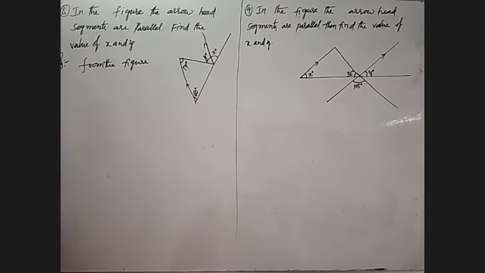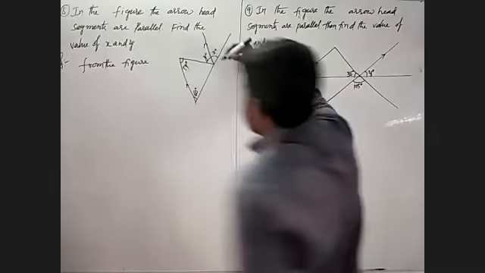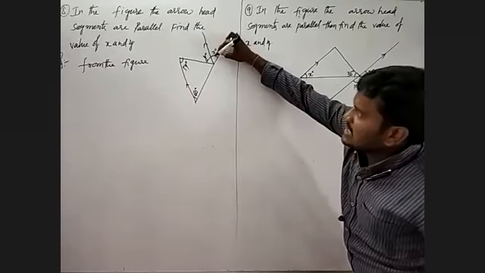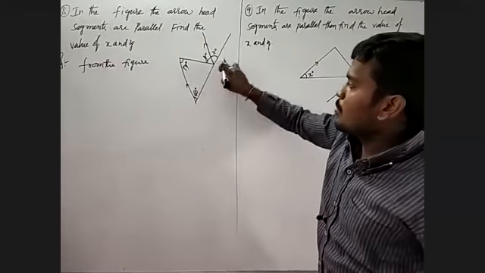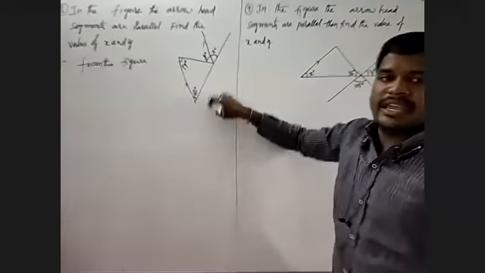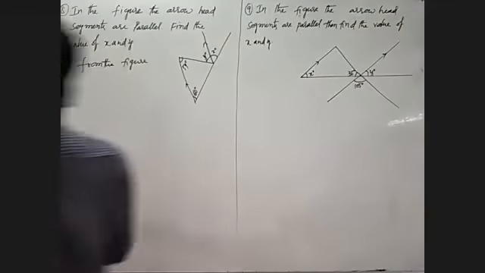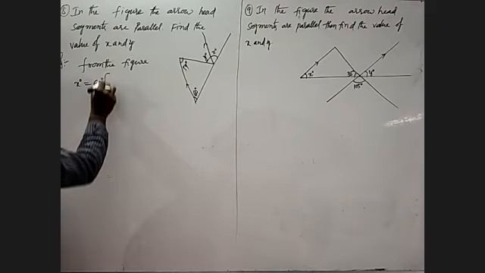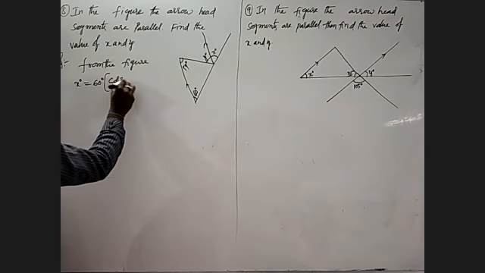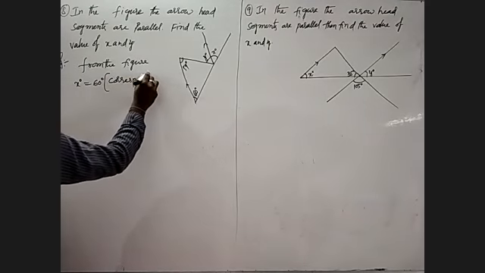First I will write here. This is given x degrees there, and here 60 degrees. Both are corresponding angles, which means x degrees is equal to 60 degrees. Those are corresponding angles.